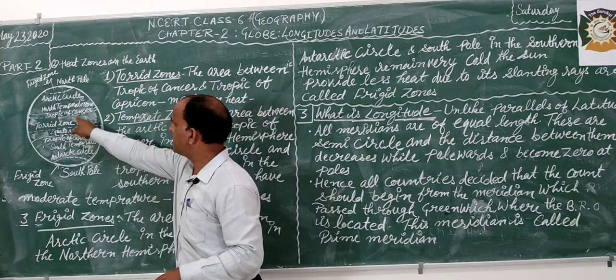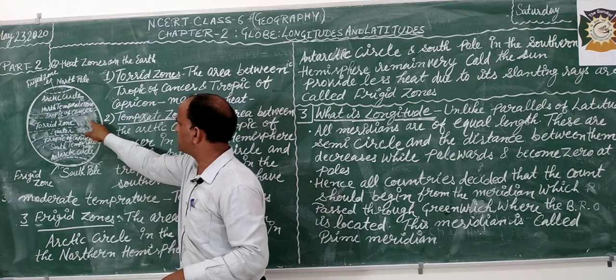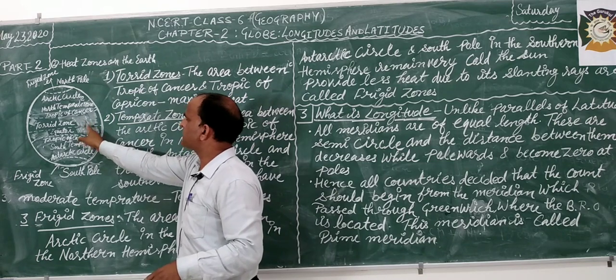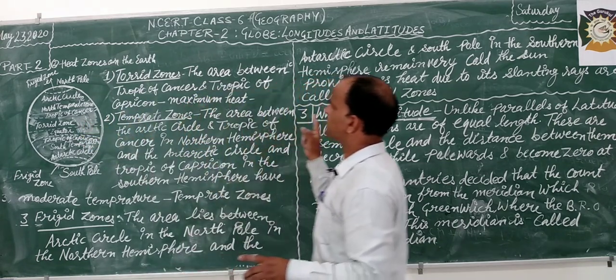The part on which the sun's rays fall directly is called the torrid zone. This is the equator, and this area is called the torrid zone.